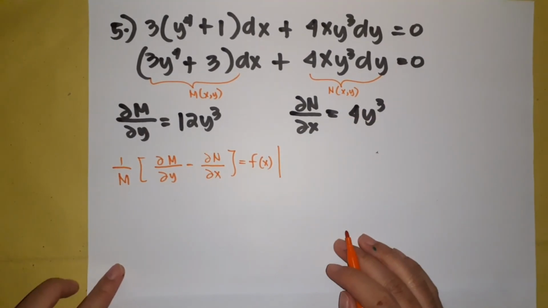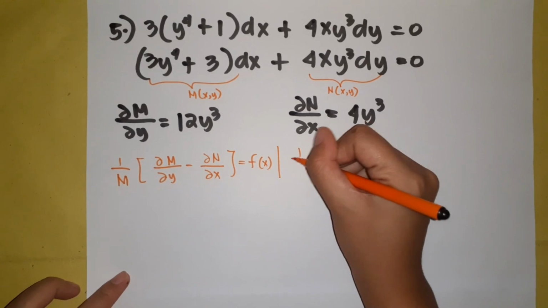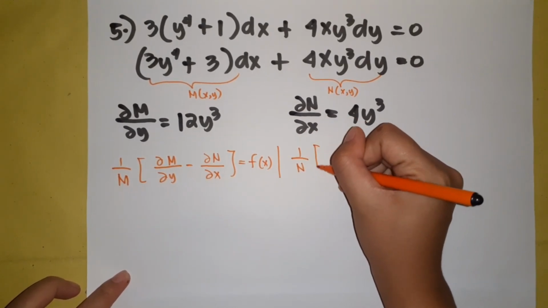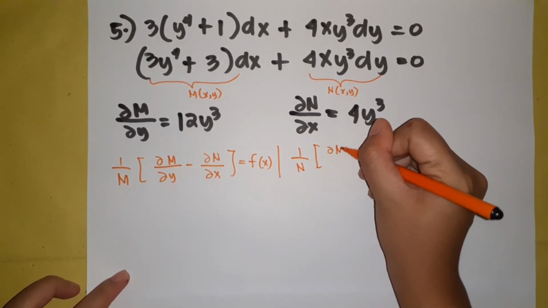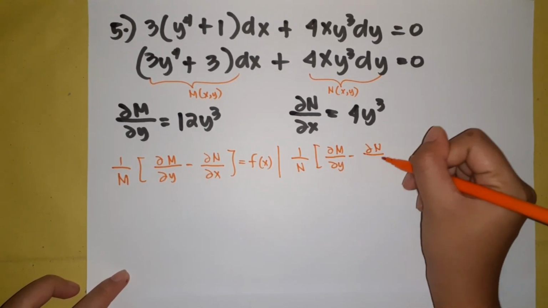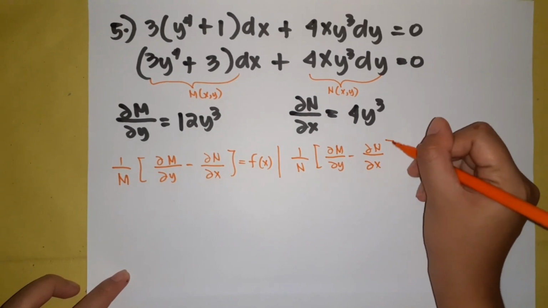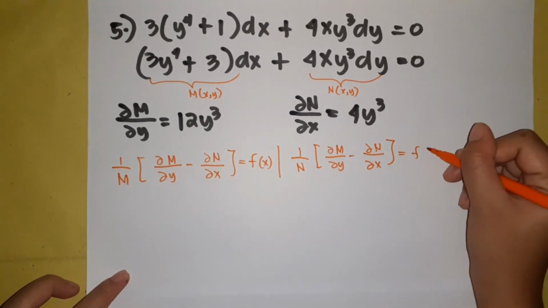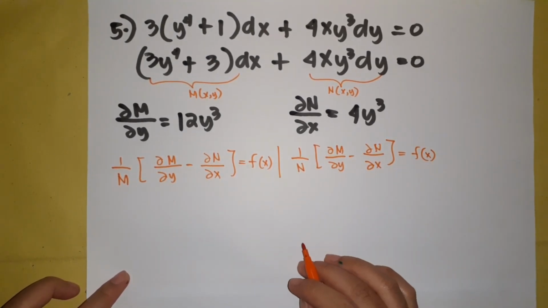And then in case 2, we have 1 over N times the partial derivative of M in terms of y minus the partial derivative of N in terms of x to get also the function of x.